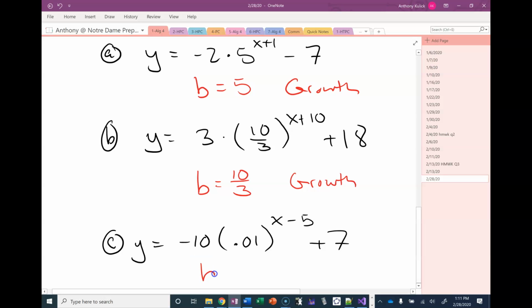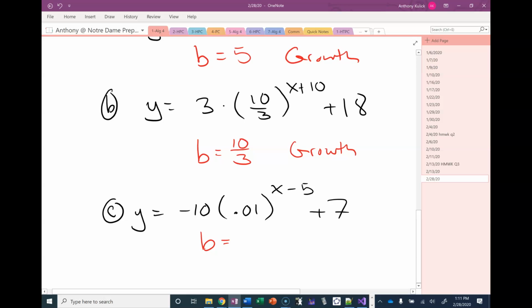What's the value for b here? It's just 0.01, right? So is this growth or decay? This is decay. Do we feel comfortable picking out which one is which just by looking at the function? Good.